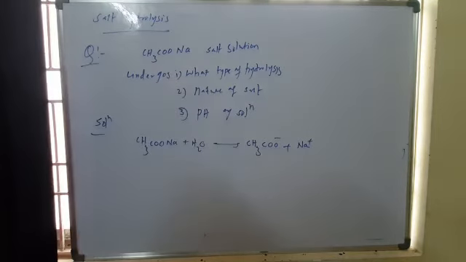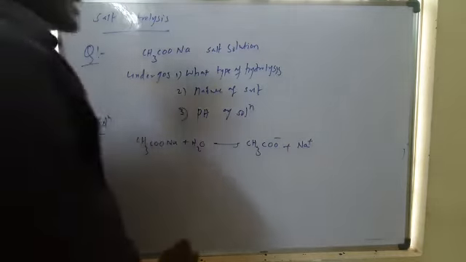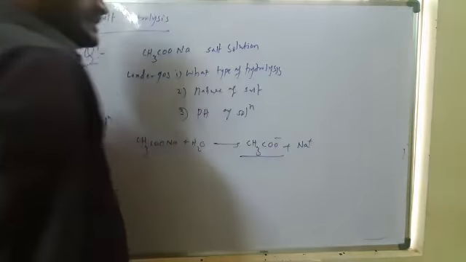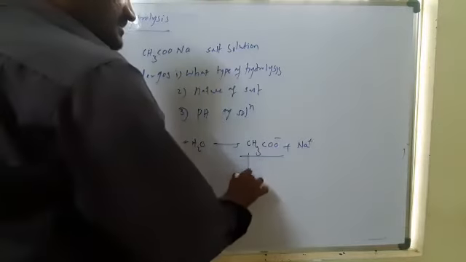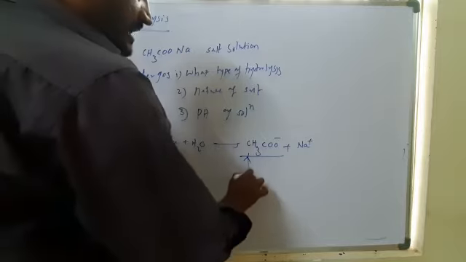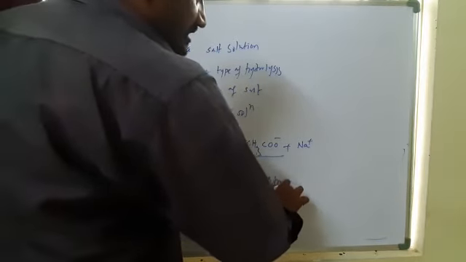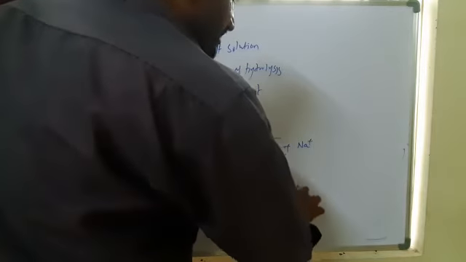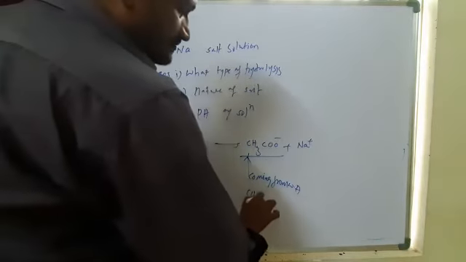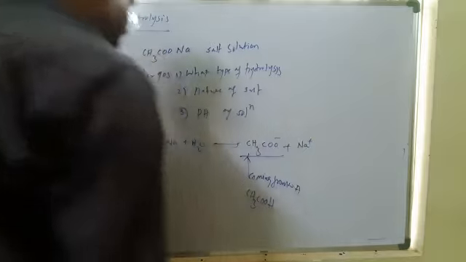In these ions, the acetate ion comes from a weak acid, acetic acid, and Na plus comes from a strong base, NaOH.